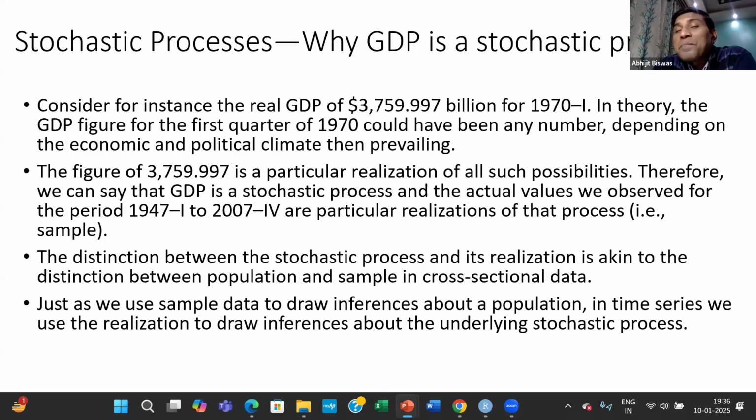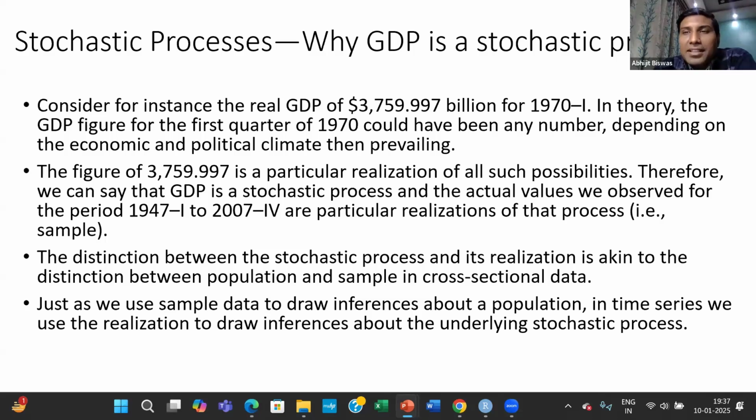See, it is clearly written. In theory, the GDP figure for the first quarter of 1970 could have been any number. Yes or no? Depending on the economic and political climate that was prevailing at that point in time, it could have been any number.